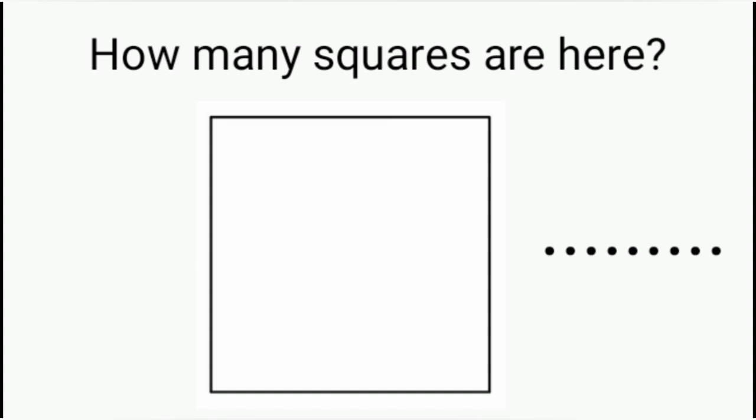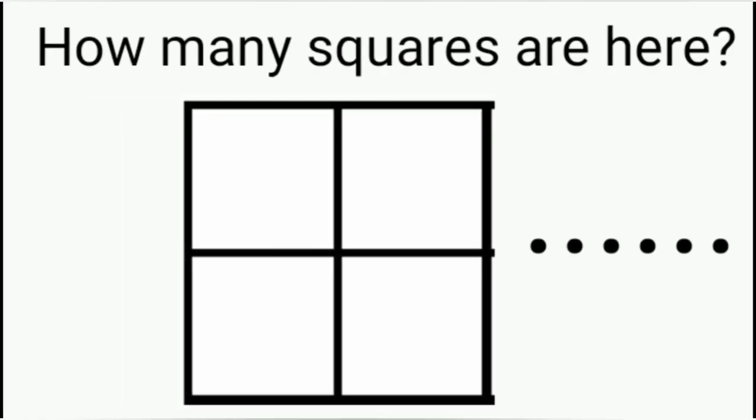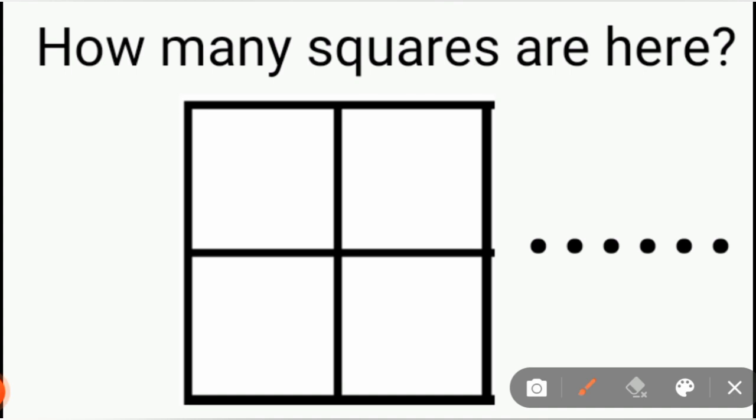Okay, let's draw another square. Look here. Let's count this type of squares: 1 and 2. Now this side: 1 and 2. Both sides have the same number of squares.